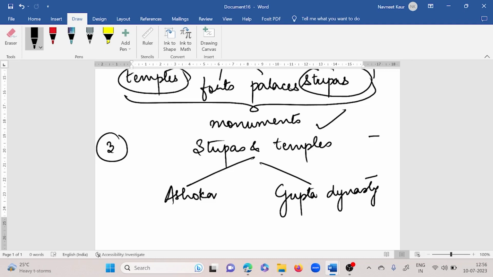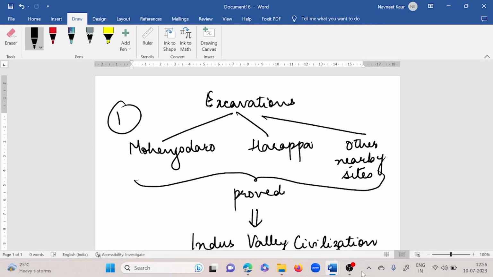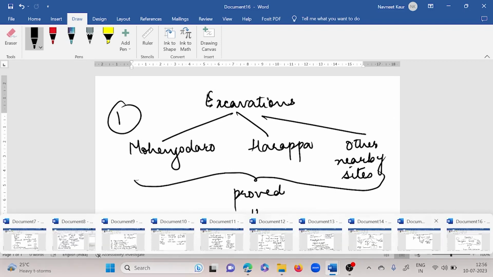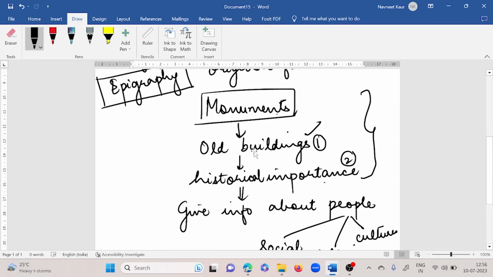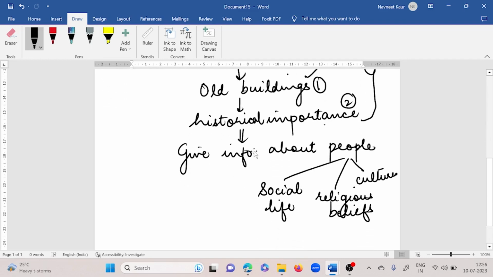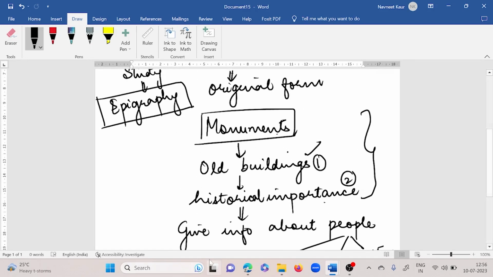These stupas and temples built by Ashoka and Gupta dynasties are also important sources of history. So in the monuments part, what have we studied? We studied that monuments are old buildings of historical importance, and they give information about people. What information is provided? Their social life, religious beliefs, and cultures.